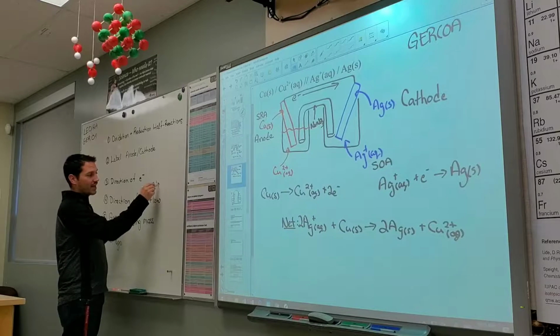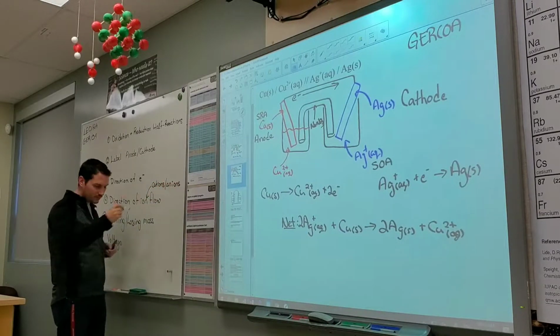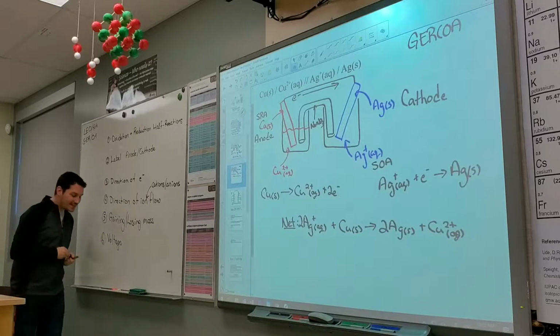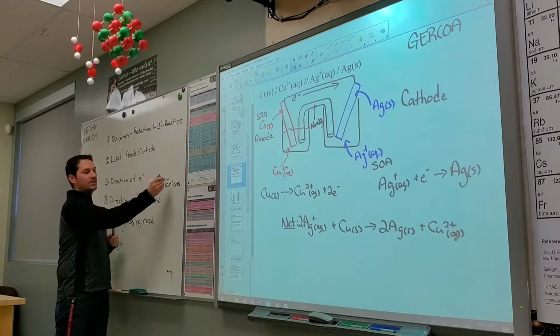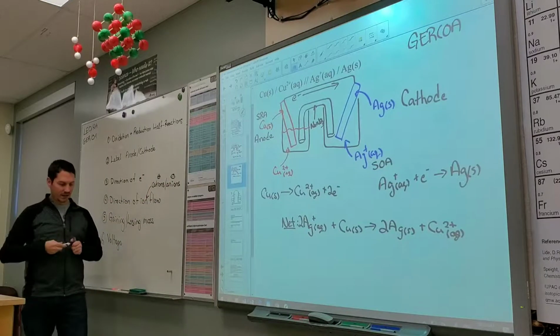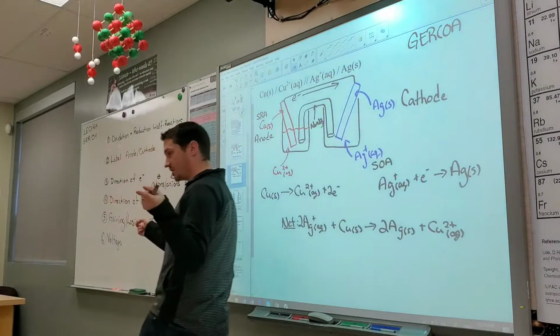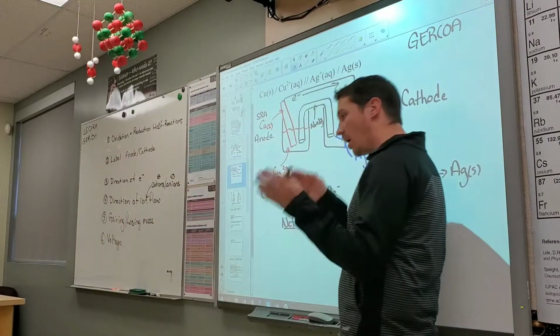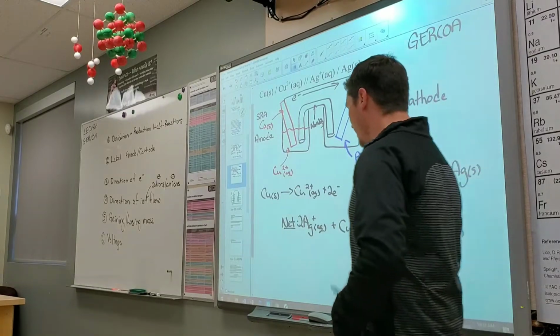So we've got cations and anions. Does it make sense that the cations, because they're positive, and the anions, because they're negative, will feel a force in opposite directions? If the positives go one way, then the negatives have to go the other way.